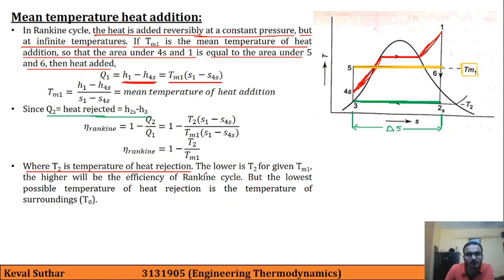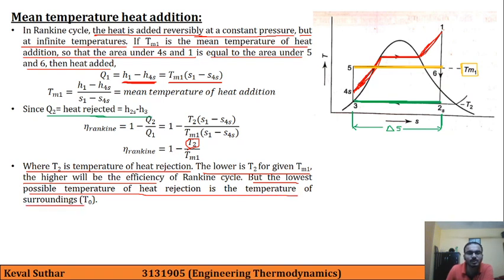The lower the value of T2 for a given Tm1, higher will be the efficiency, because this is the negative and in numerator T2 is there. So lower the value of T2 for a given Tm1, the efficiency will be more. But the lowest temperature that is possible for heat rejection is temperature of surrounding, that is T0.